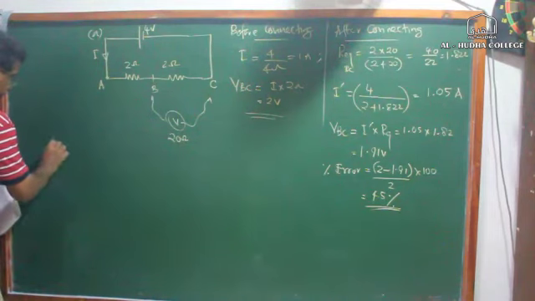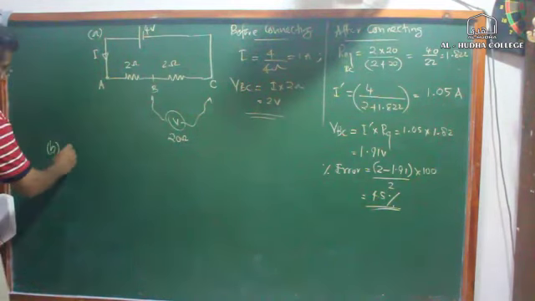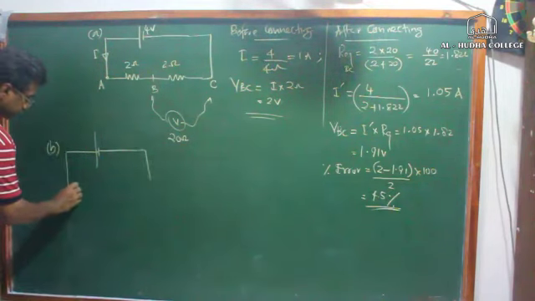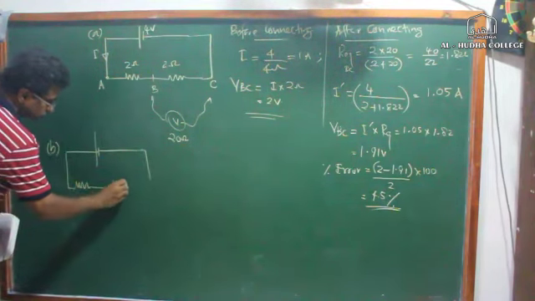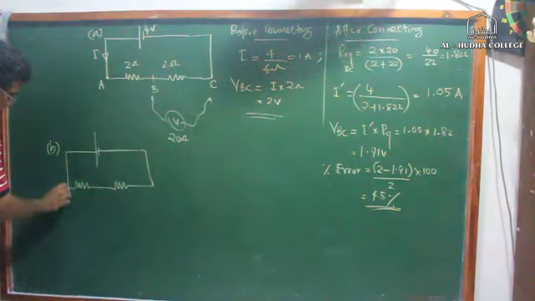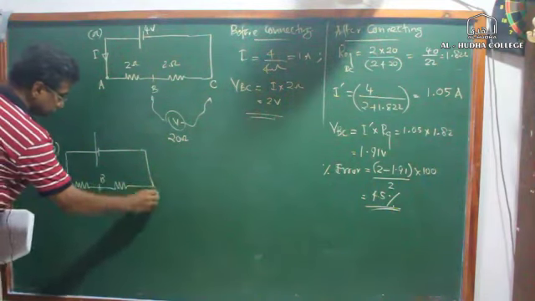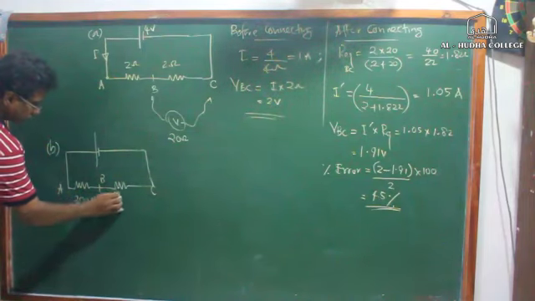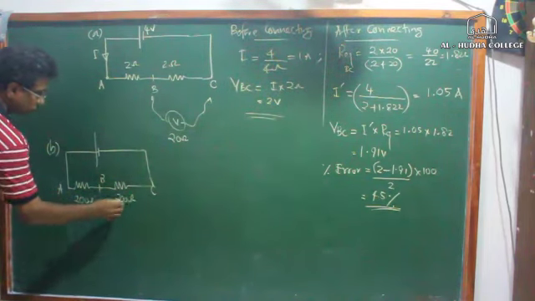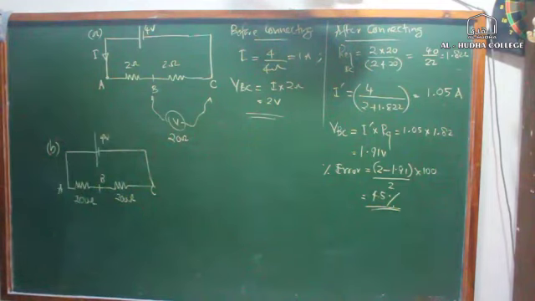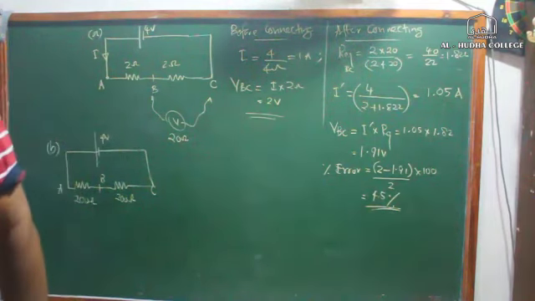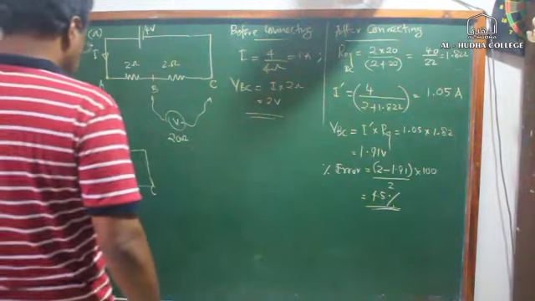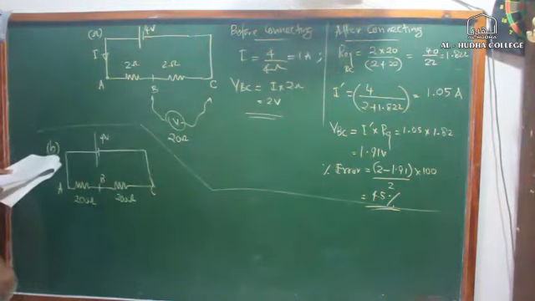Case B, the same circuit, but we will change the circuit resistor values. A, B, C. Now this time this is 200 ohm. This is 200 ohm. This is 4 volts as before. Okay.